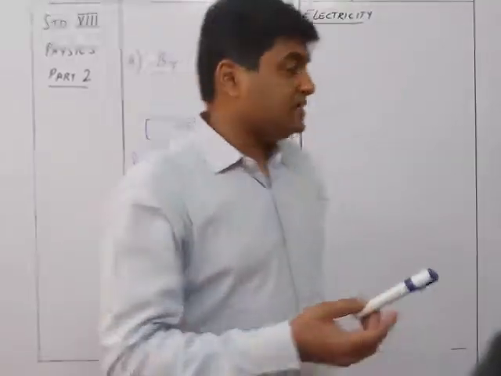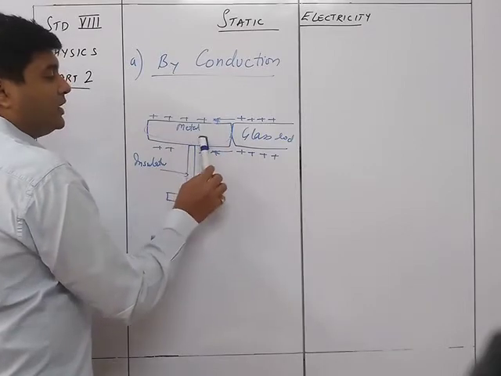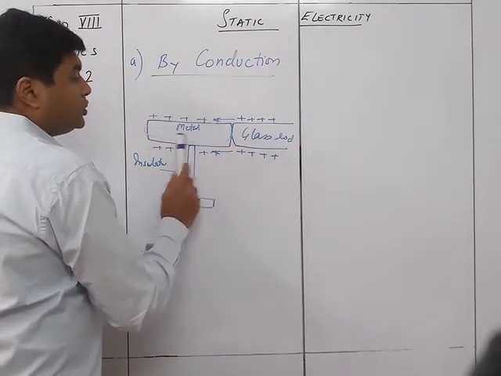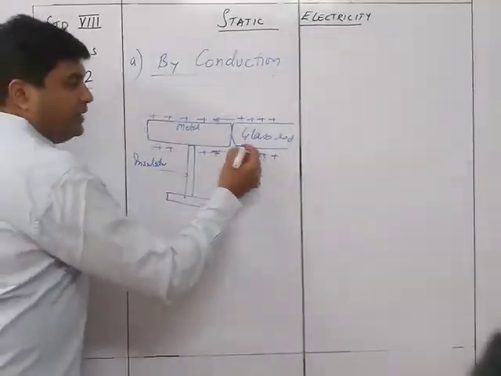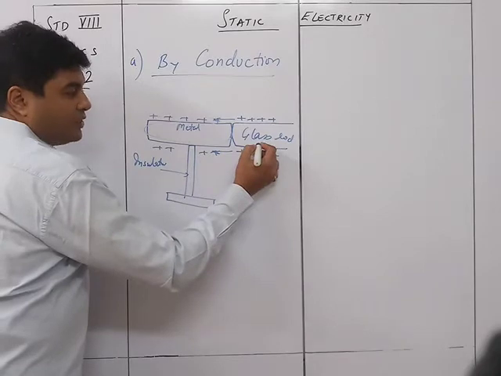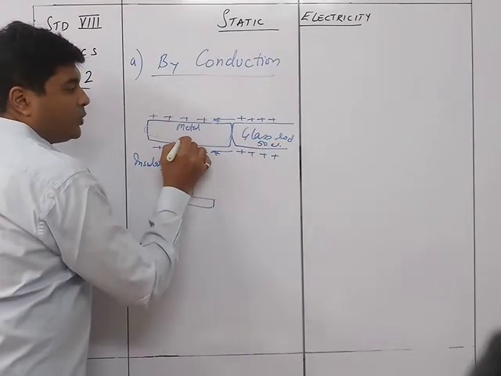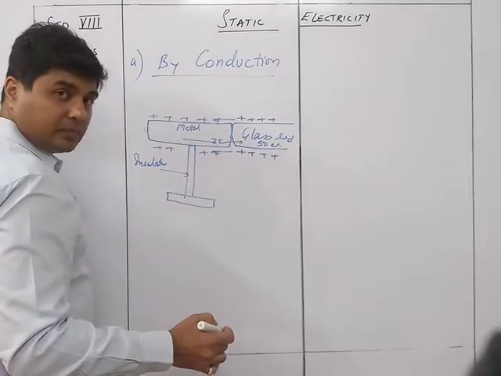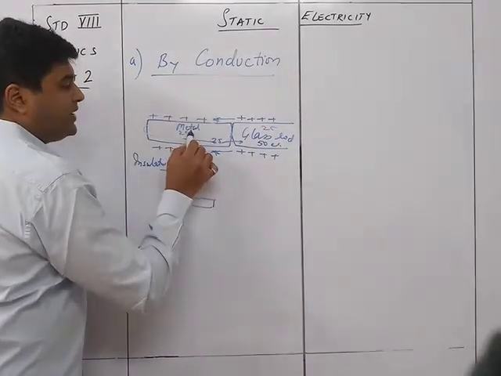So what happens is, when I touch this over here, the free electrons over here get attracted towards this and they are shifted over here. For example, there was a deficit of 50 electrons. What will happen? 25 electrons from here are going to go from here to here, so that this charge becomes 25 and this also becomes 25.